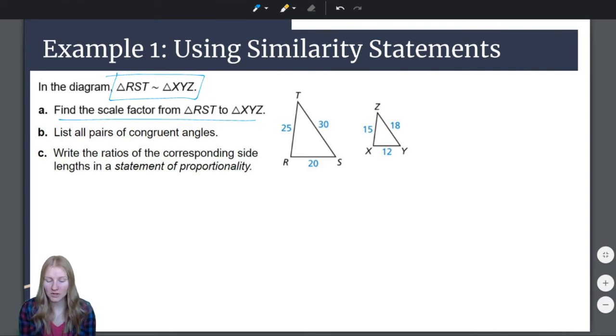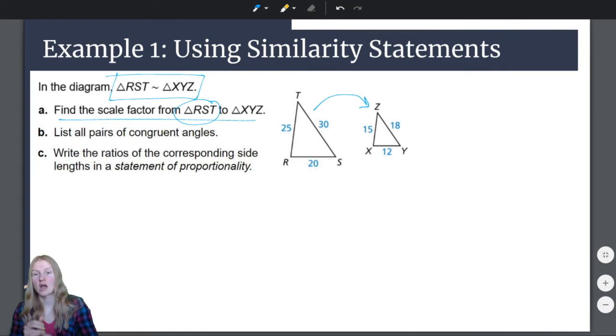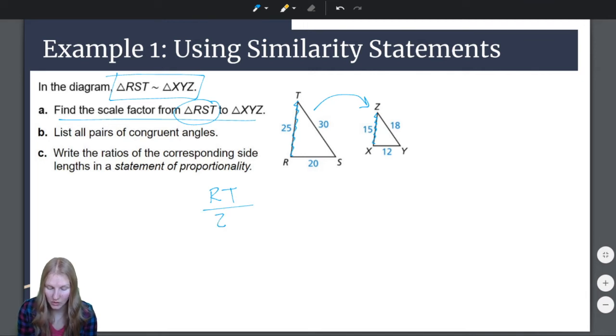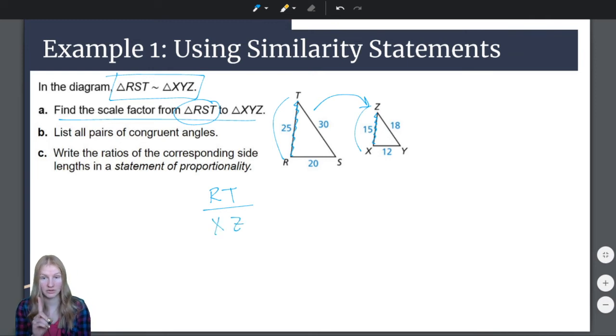So, if I want to find the scale factor from RST to triangle XYZ, I'm going to take a corresponding side. So I can see that RT is corresponding to, go in order, RT, XZ. I almost wrote ZX. We want to go in the same order.